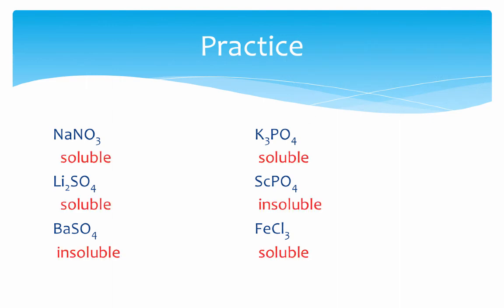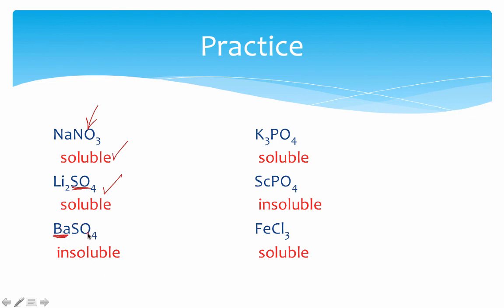So here are the answers. We'll go through just a couple of these really quickly. We already talked on the previous slide, and your rules tell you that all nitrate ions are soluble with no exceptions, so that makes this compound soluble. You're also told that all sulfate ions are soluble, which makes the lithium sulfate soluble, but the sulfate ion does have some exceptions, and barium, if you look on your sheet, is one of them.